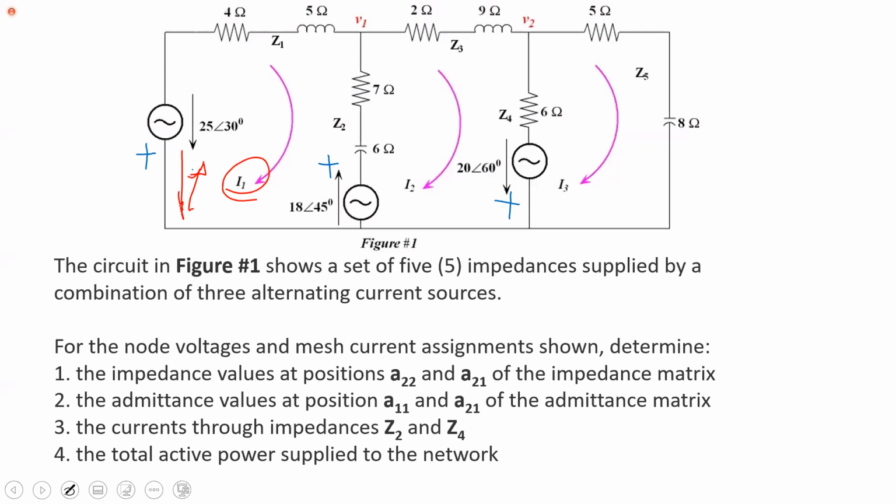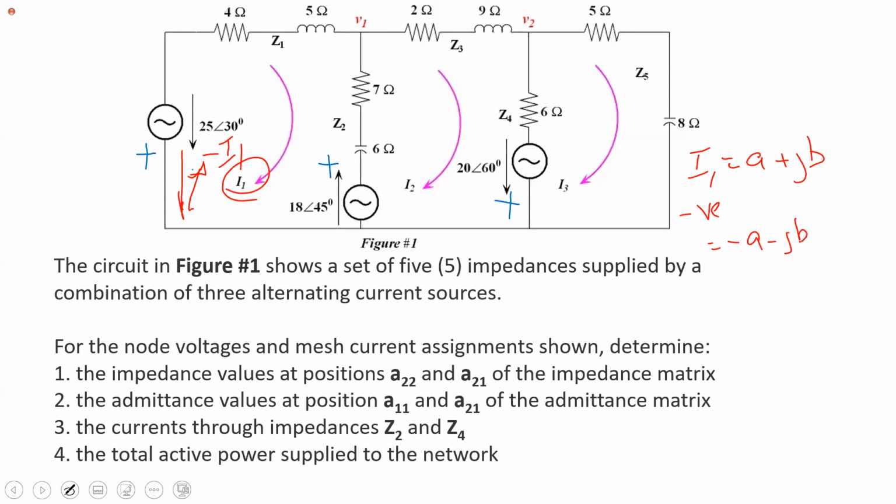So the negative of I1 would be leaving the source. So if I1 was equal to A plus JB, then the negative of I1 would be equal to minus A minus JB.